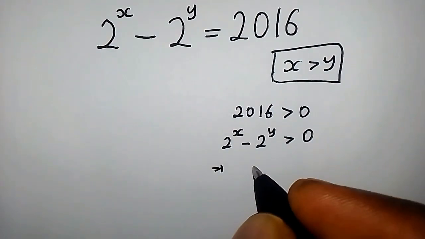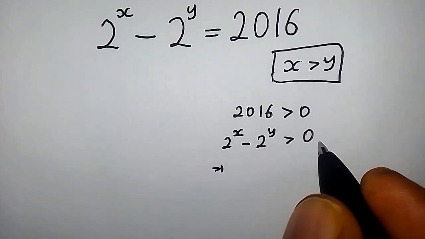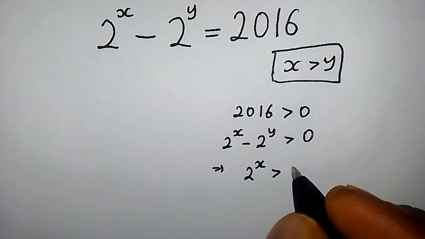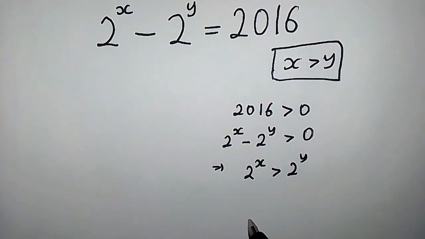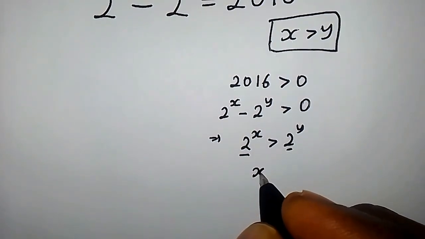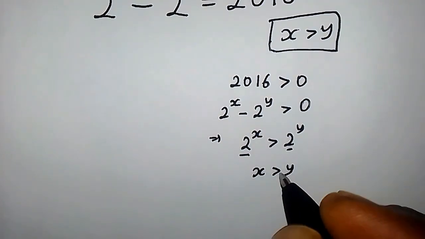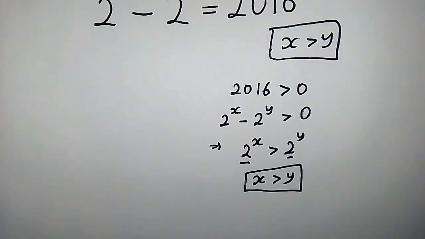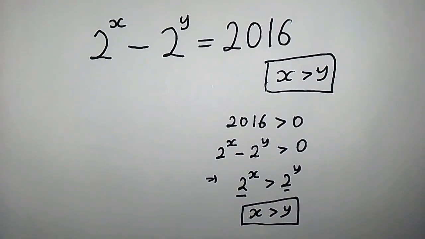Move this to the right hand side, and we have 2 raised to x greater than 2 raised to y. Since the base is the same, that means x is greater than y. So this condition is true. Let us proceed further.